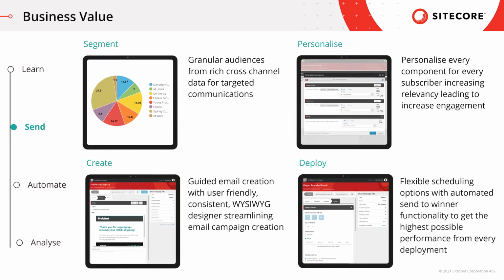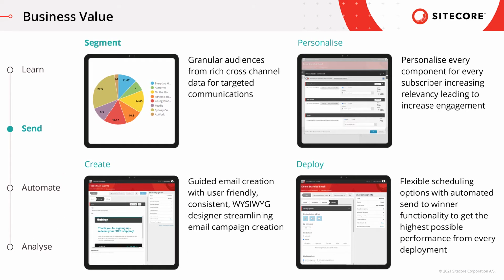We were able to create granular audiences from the rich cross-channel data, so our campaigns were targeted to only those that would be most interested in the campaign. We were guided through the email creation with a user-friendly WYSIWYG designer that's consistent with the editor we use for the website. We were able to click on components and define rules to personalize content to make every email relevant to each subscriber and increase engagement.